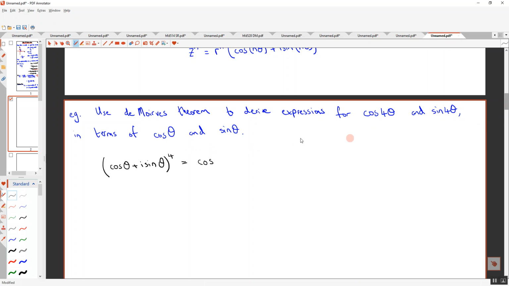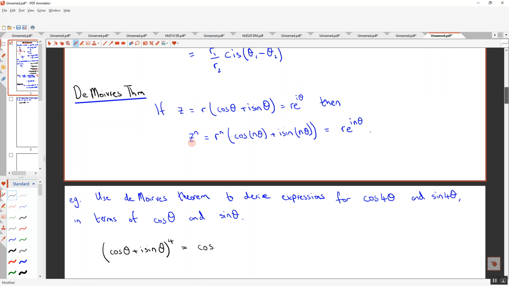Cos, we'll have a 4 theta. So look at what the rule is. If we're raising it to the power, just take the power down into the angle. So it's cos of 4 theta plus i sine 4 theta. Alright, easy enough. Okay, so that's one way that we can expand it.